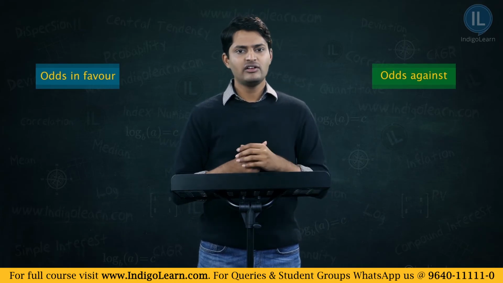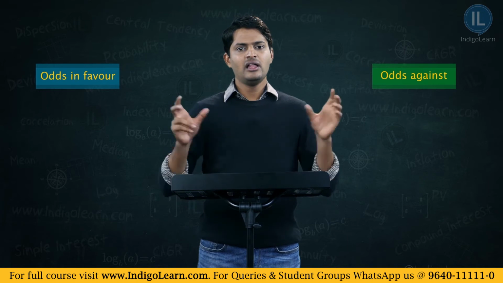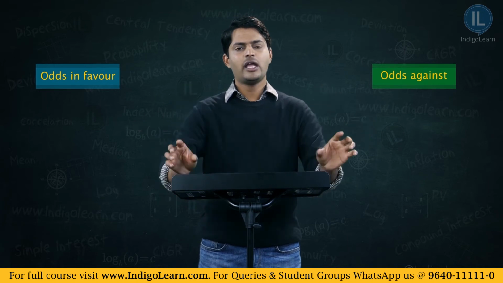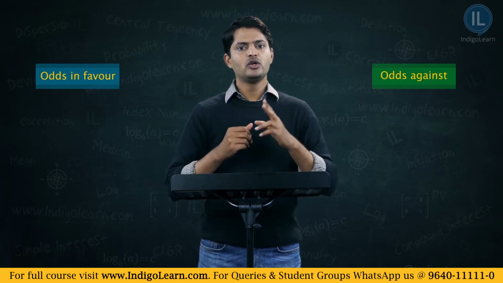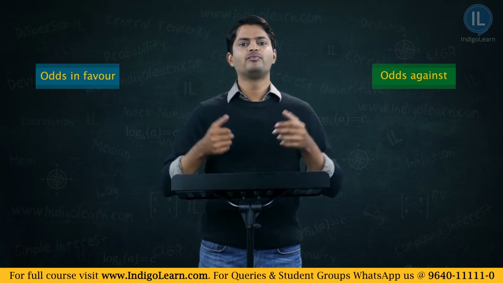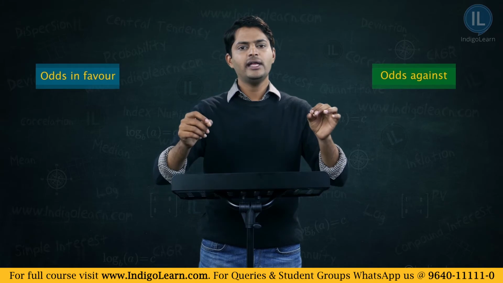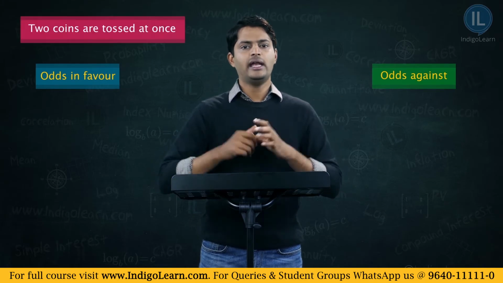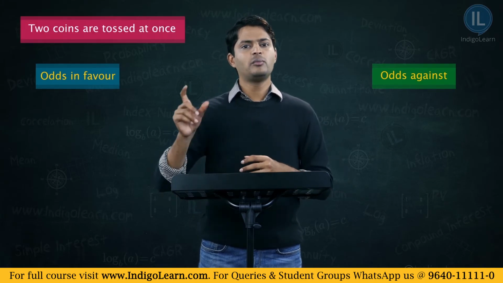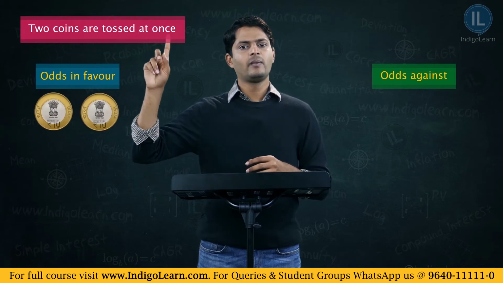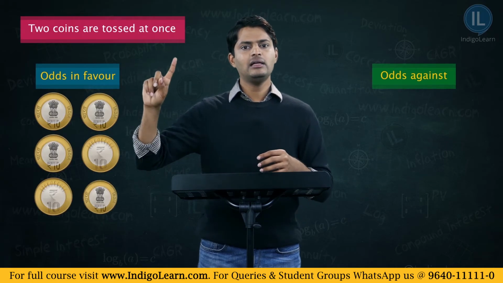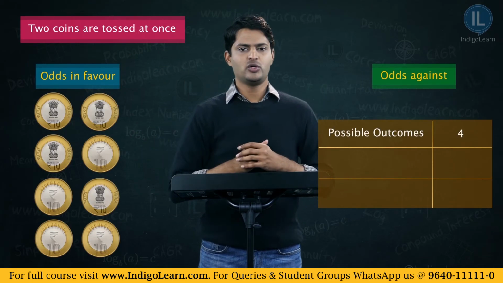What is odds in favor and what is odds against? Let us assume we toss a coin 2 times. What is the probability of it showing 1 head, only 1 head? The possible outcomes are head head, head tail, tail head, tail tail. 4 events are possible, correct?